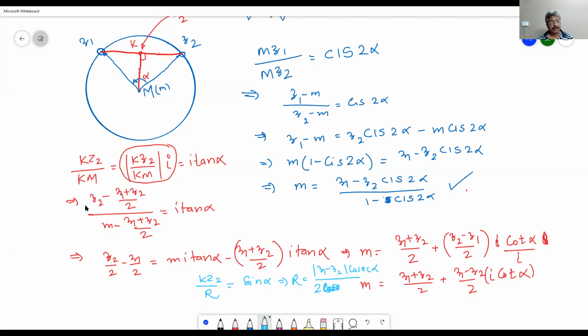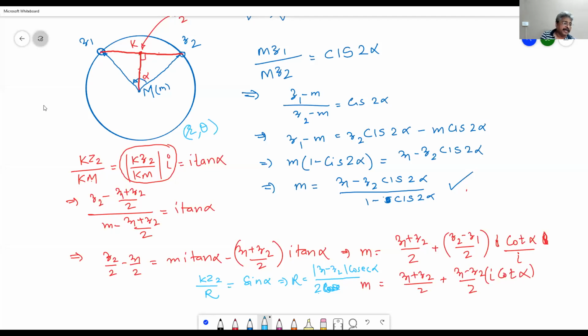So a rotator will always have two parts, r and theta. What is the r for this rotator? We want KZ2 to be generated.